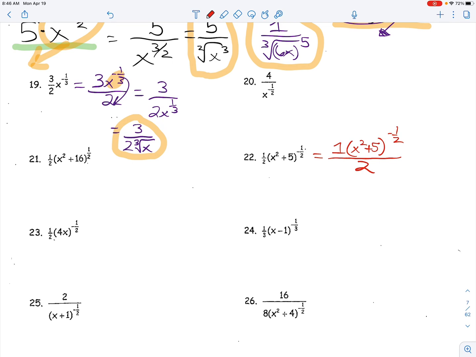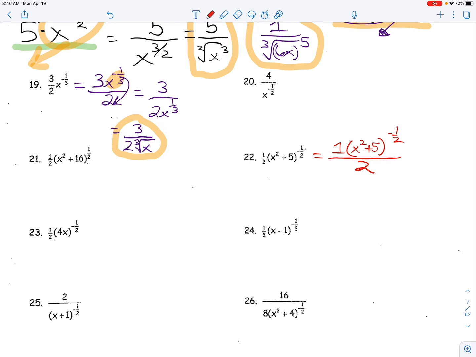If you want to have everything as a single fraction, and don't have the coefficient off to the side, that's what I'm saying. If it doesn't bother you and you understand that x squared plus 5 to the negative 1/2, in order to change that to a positive exponent, you have to move it to the denominator.